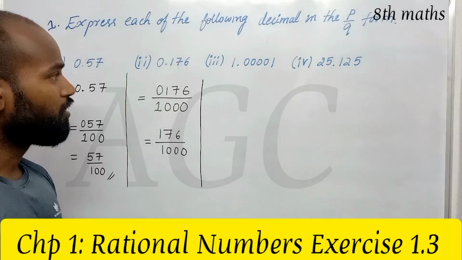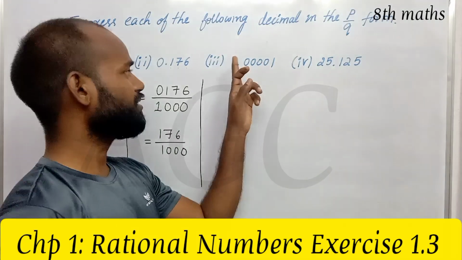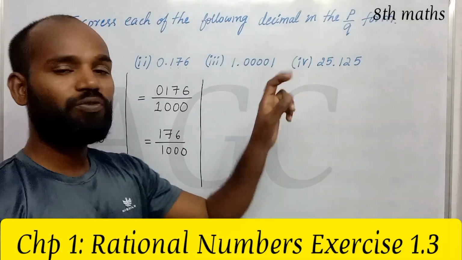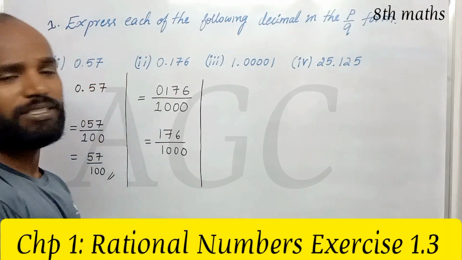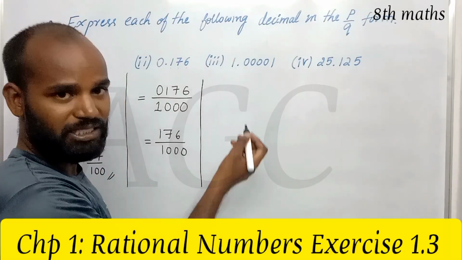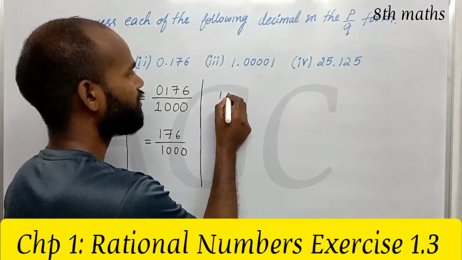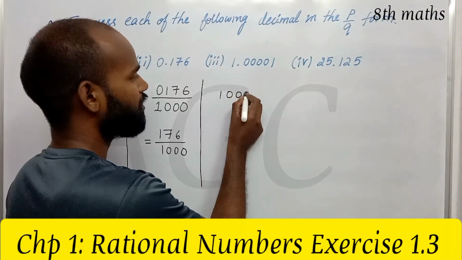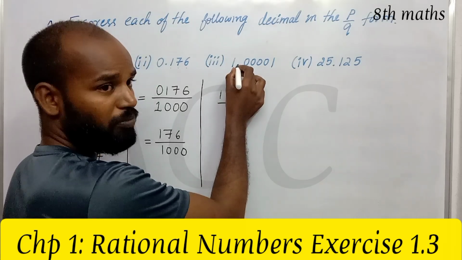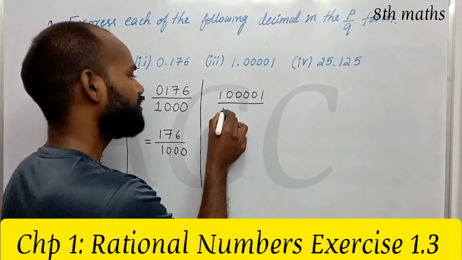Now see the third question. 1.00001. It is also so simple. Write down the digits as they are without the decimal point. Now for the point I am writing 1.